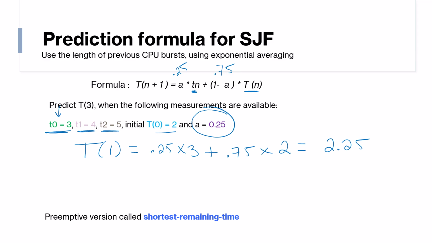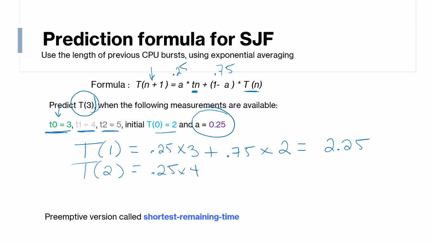Okay. Then we want to take 2.25, because this is asking you to predict T of 3. So T of 2 is 0.25 times 4. If you're wondering where the 4 comes from, this is n plus 1, and this is n.